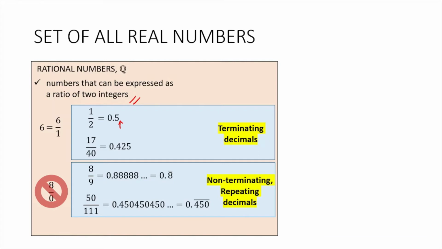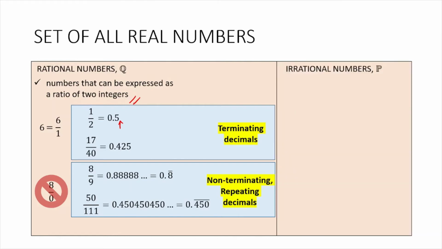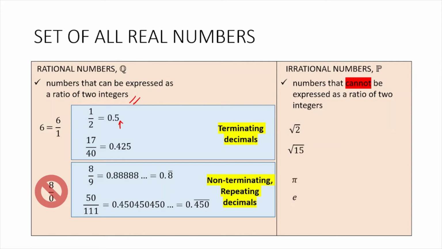And then for the irrational numbers, again, these are numbers that cannot be expressed as a ratio of two integers. So we have square root of 2, square root of 15, the constants pi, and Euler's number e, right? If we convert them to decimal numbers, square root of 2 is 1.41421, so on and so forth.